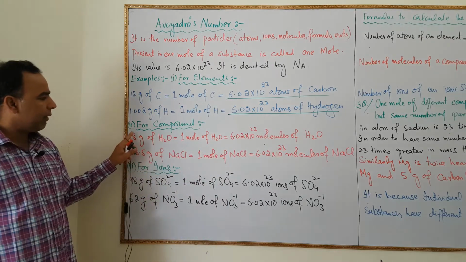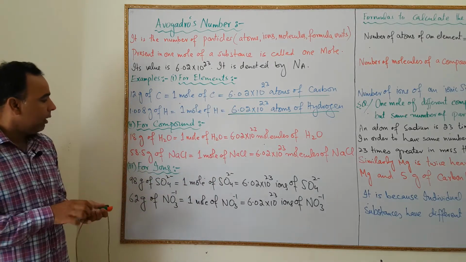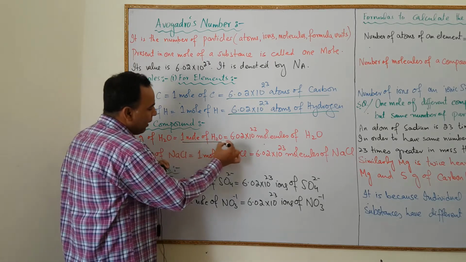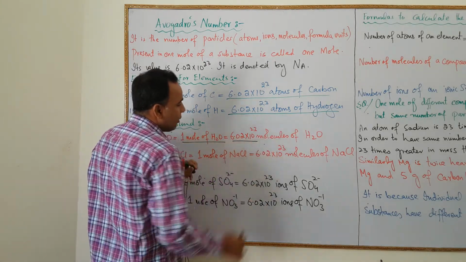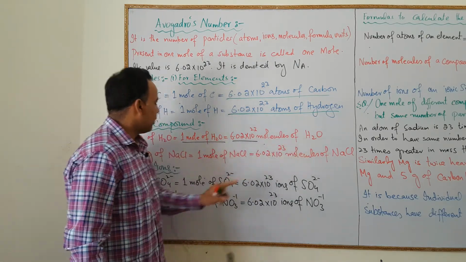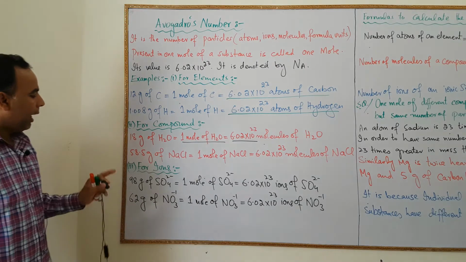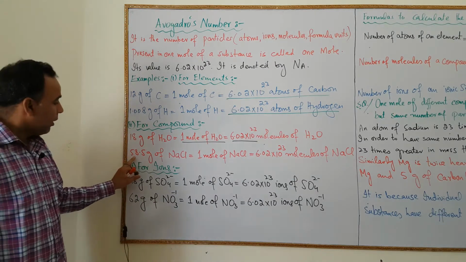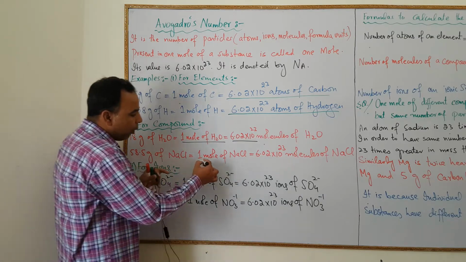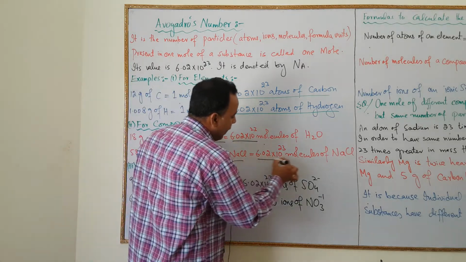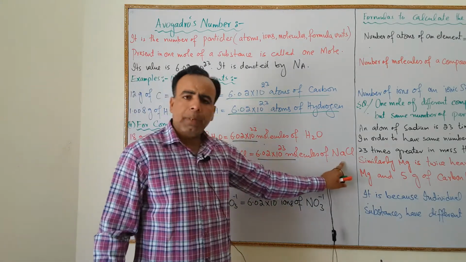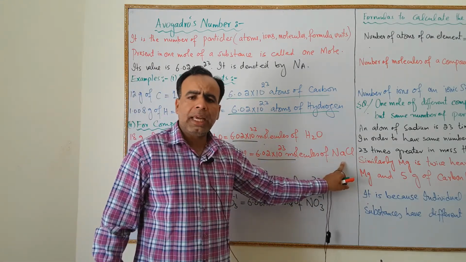Now in the case of compounds, for example, 18 gram of water is equal to 1 mole of water, and this is equal to 6.02 × 10^23 molecules of water. And similarly, my dear students, 58.5 gram of sodium chloride is equal to 1 mole of NaCl, and its value is equal to 6.02 × 10^23 molecules of NaCl.